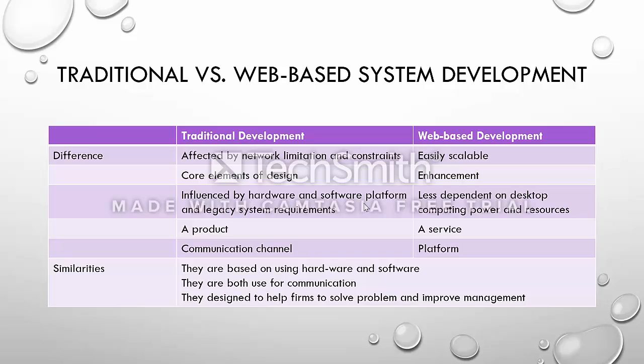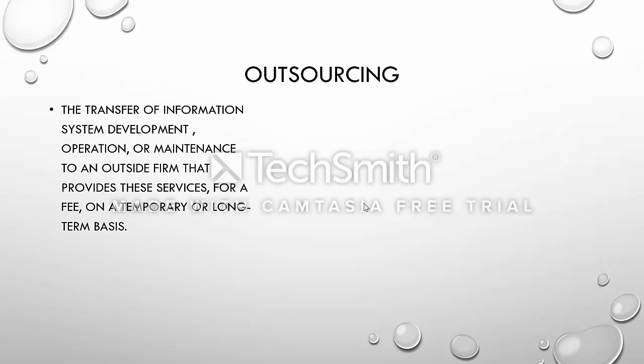But web-based development is not only a communication channel, it is also a platform and a service. And it's less dependent on desktop computing power and resources. They are both used for communication. They are both based on hardware and software.